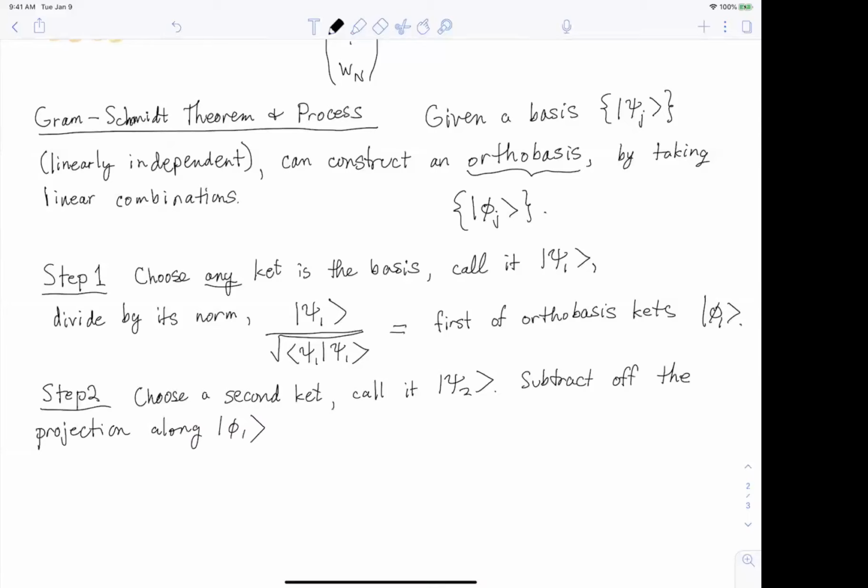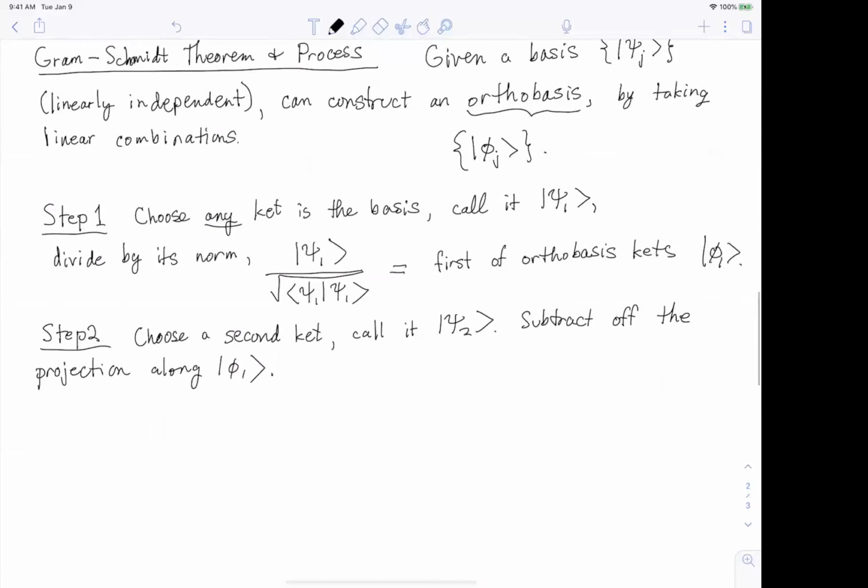So what do those words mean? We're going to define a new ket that I'm going to call psi 2 twiddle. Psi 2 twiddle is defined to be psi 2 minus, and this is the projection part, phi 1 times the inner product of phi 1 with the original psi 2.